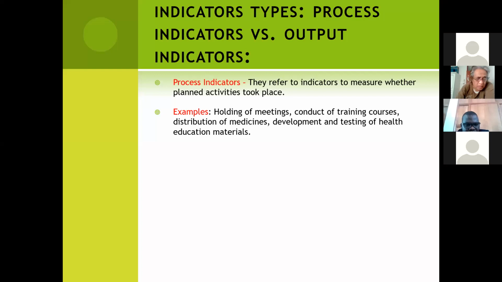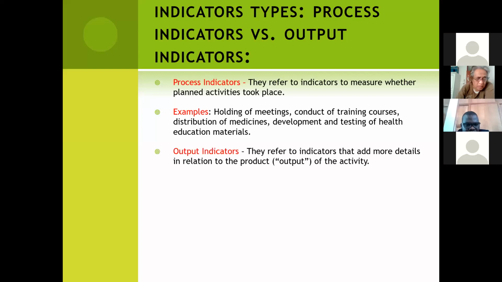And then when we are talking about output indicators, here we are simply referring to the indicators that add more value in relation to the product of the activity, or rather, what we call the output of the activity. So when we go to the output indicators, we take it a notch higher.